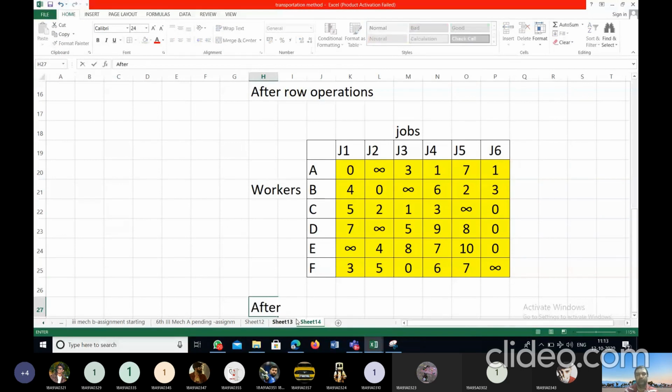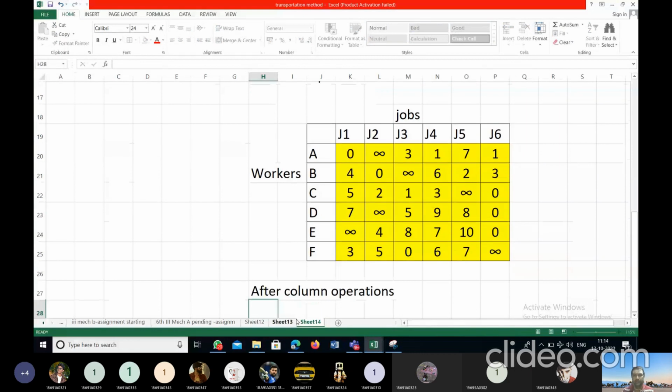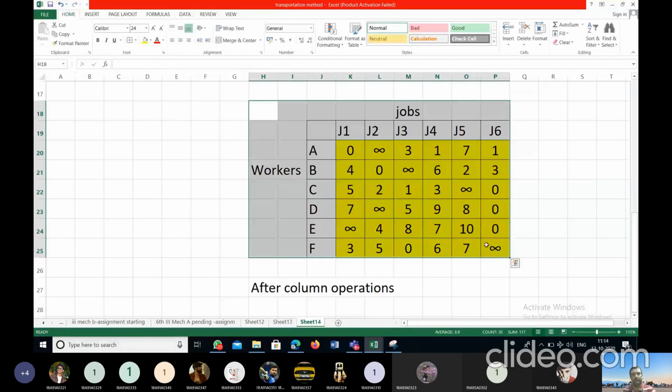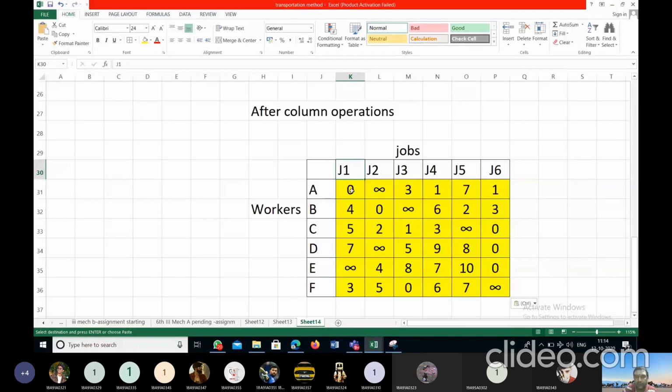Now after column operations, what will be there? Now I will select this one and copy here. Now I need to select the least element in each and every column and update. First column 0, second column 0, third column 0, very happy. Fourth column 1, I need to do something.